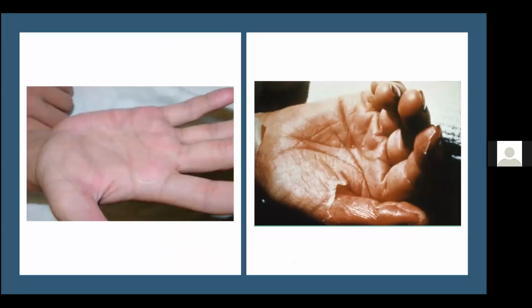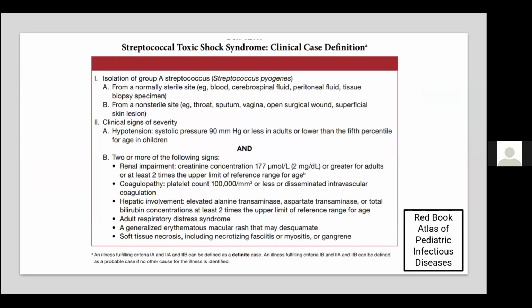And then you also get desquamation of the palms and soles 1 to 2 weeks after the start of the illness. So streptococcal toxic shock syndrome has its own definition. And I think the hallmark of the toxic shock syndromes is the hypotension and the involvement of multiple organs in the illness.